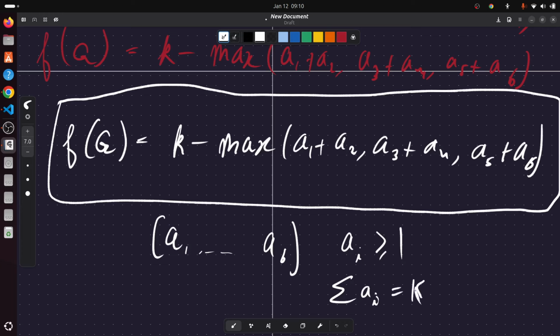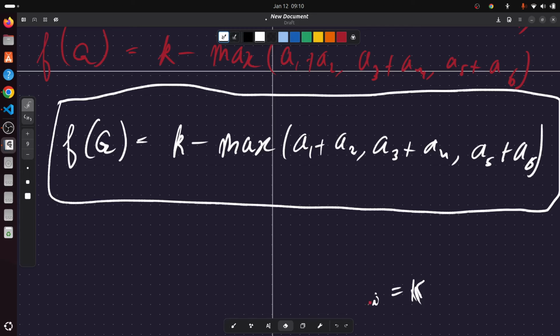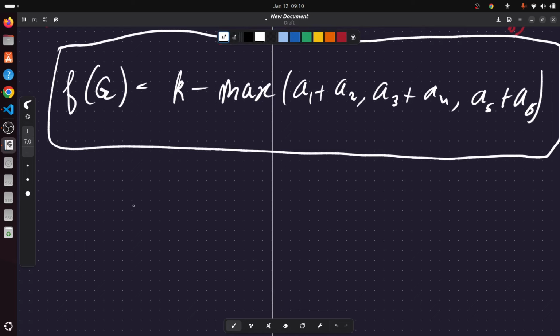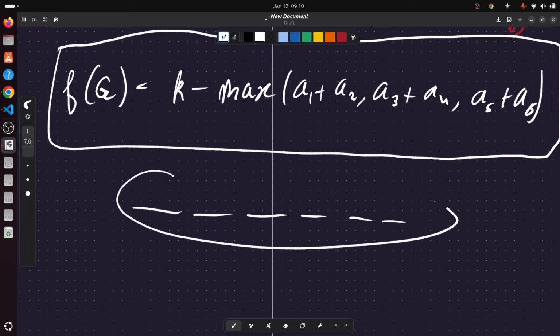And over all the possibilities of this array, we have to find the sum of this f of g, this quantity, right? So how do we do that? If I visualize it, basically I have an array of length 6, so let's say I have 6 blanks, and I have to fill these blanks in such a way that the sum is equal to k, right?